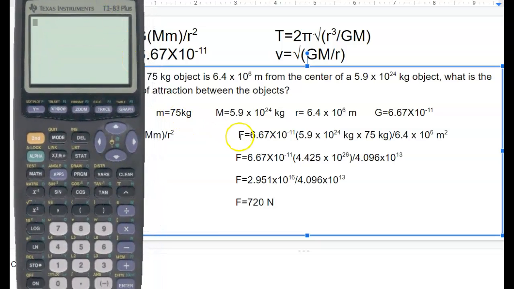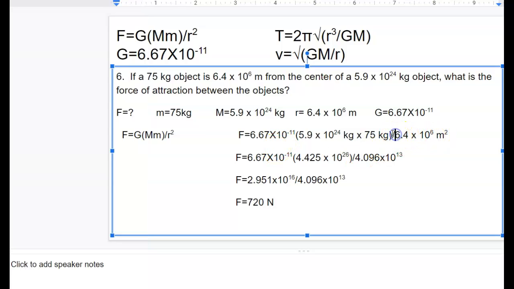So my force we don't know. I know G because we're dealing with the gravitational force with planets. The big M is 5.9 times 10 to the 24th. The little m is 75. R is 6.4 times 10 to the 6th. And we're squaring that whole thing, the whole number on the bottom.